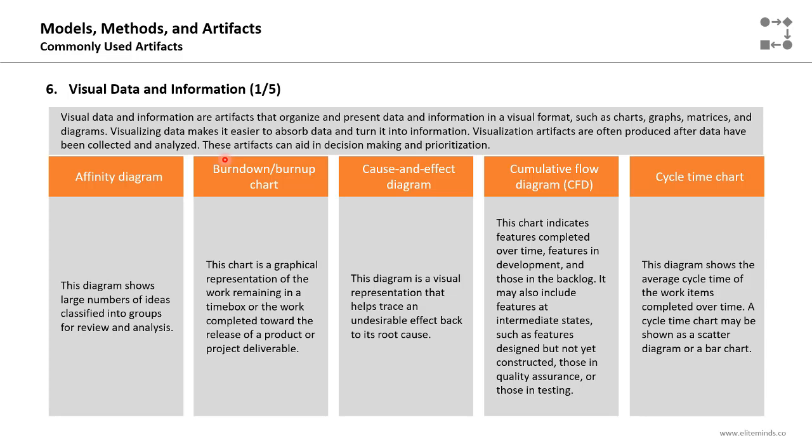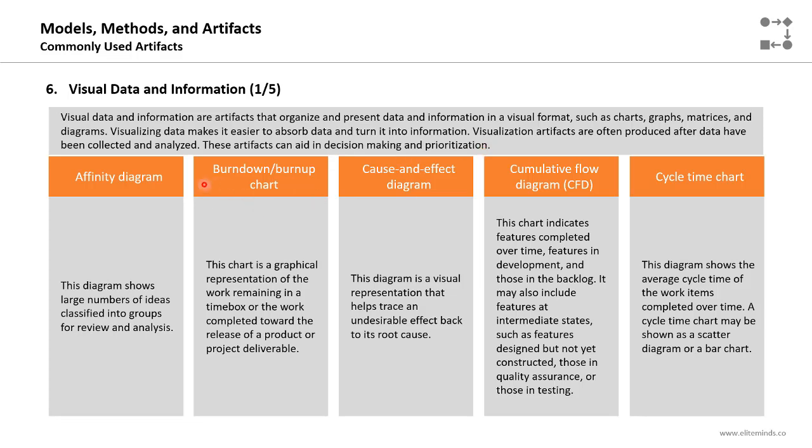So usually these artifacts are developed after gathering the project data and information, analyzing this data, and then generating some insights. In order to present those insights to the executives and the decision makers, we will use the visual data and information. And these artifacts will definitely aid in decision making and prioritization.